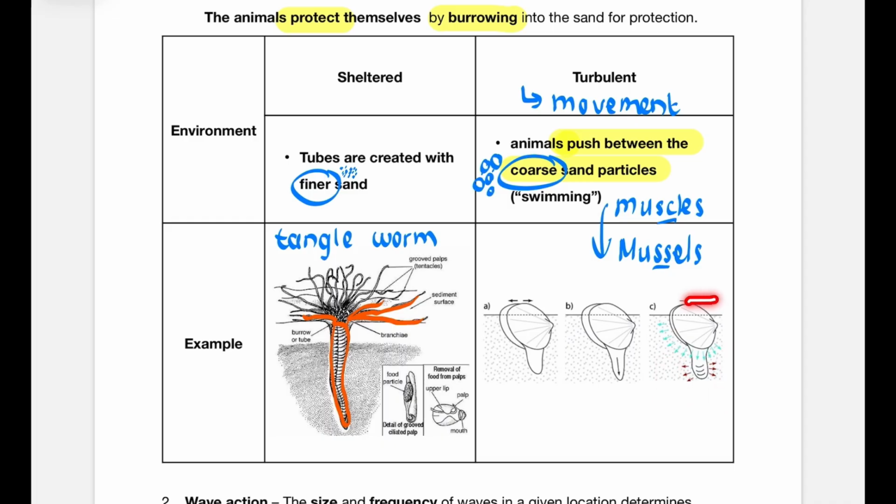Then they close their shells up at the top, and they can sink and pull themselves deeper into the sand. Basically, what you need to know is that they have muscles and they can hold themselves in place so they don't get moved around by all this turbulent water.